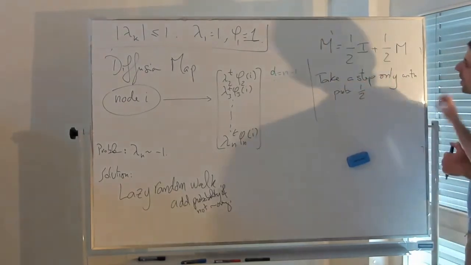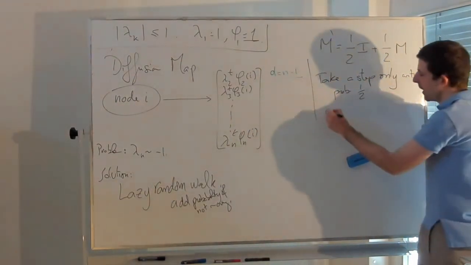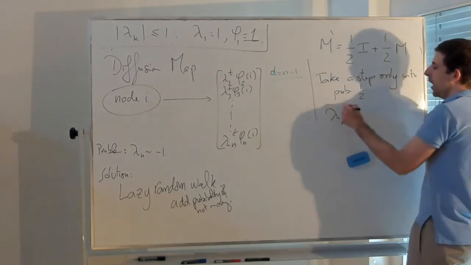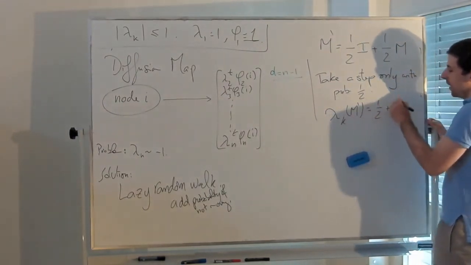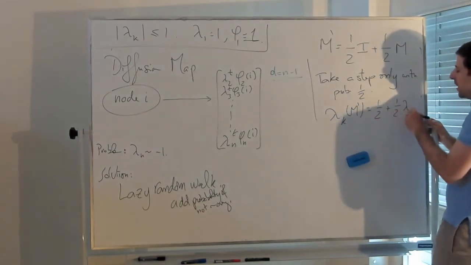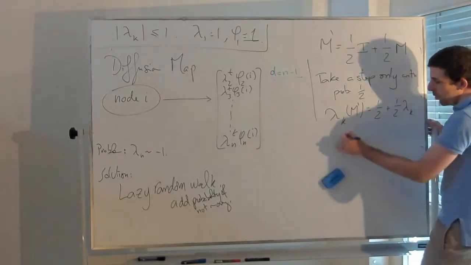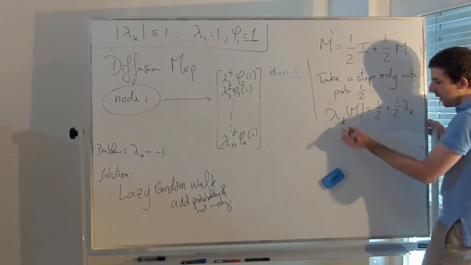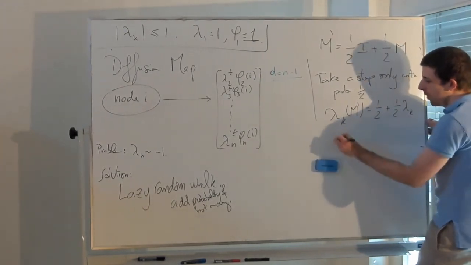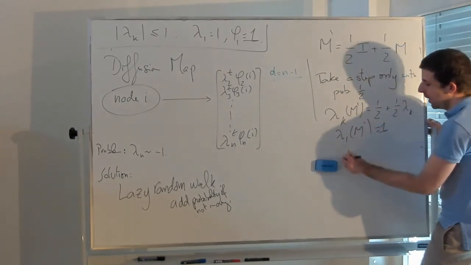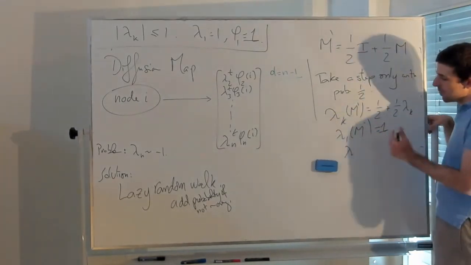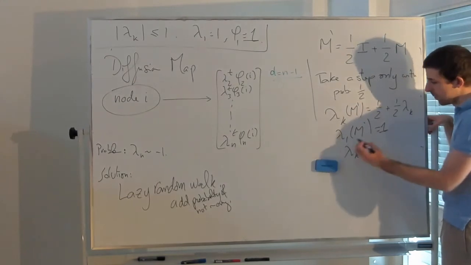half. Now, for sure, for this M prime, the lambda k's of this M prime are just a half plus a half of lambda k. So in particular, of course, we still have that lambda 1 of M prime is still 1. But now we know that all of them need to be between 0 and 1.